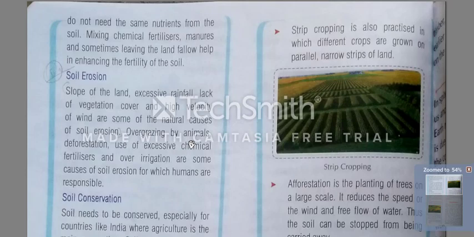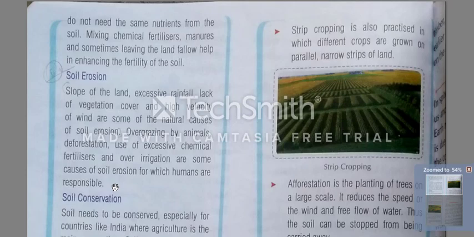So deforestation is there. Use of excessive chemical fertilizers. People are using chemical fertilizers besides manures. And over irrigation, giving too much water to the plants. It's also not good for soil. These are all the causes of soil erosion. For soil erosion, humans are responsible. Clear?